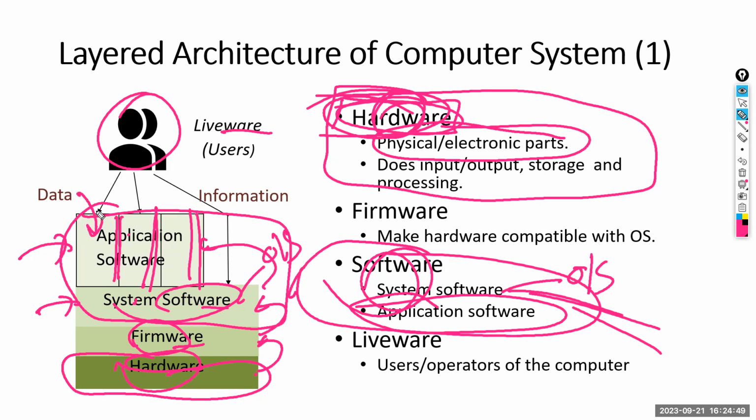Maybe office packages like Word, Excel, graphic packages like Photoshop, communication application software like WhatsApp. And if it is business, your inventory management system, order processing system, accounting system. Those are all application software. The main reason for us to buy a computer is to run application software. Other things we just need.